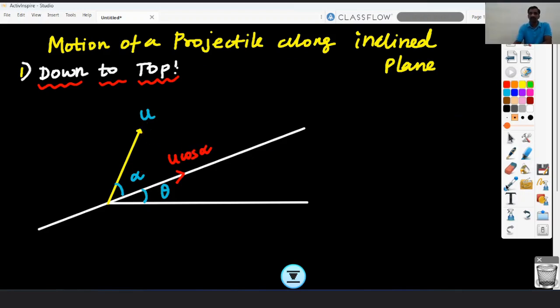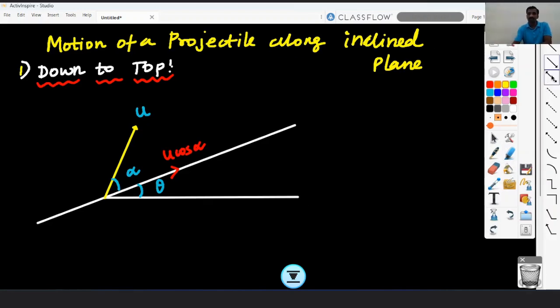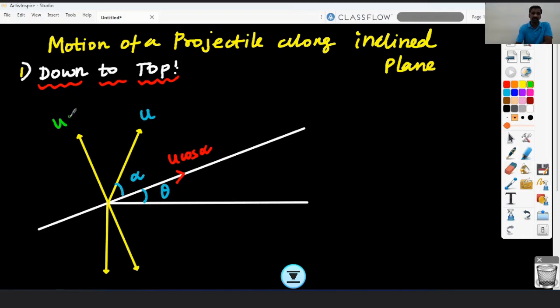And then the vertical component. Here you see, this is the vertical component of the initial velocity, that is u sin alpha. Got it? What is this one, sir?